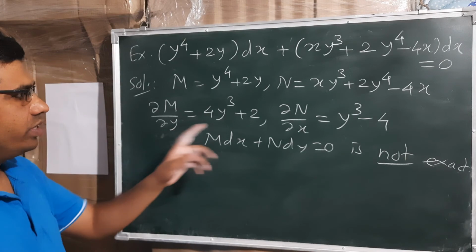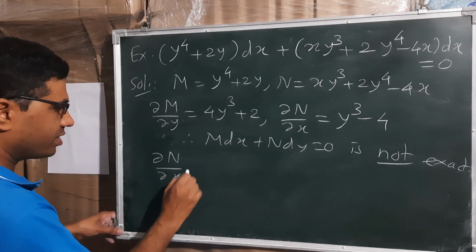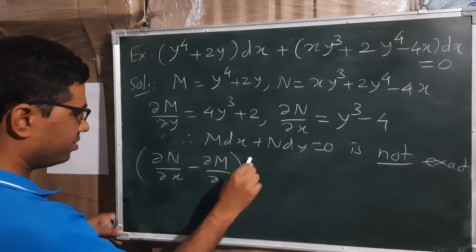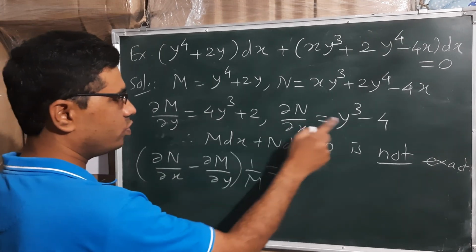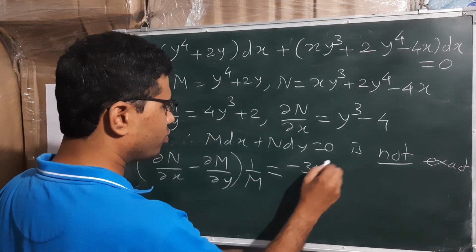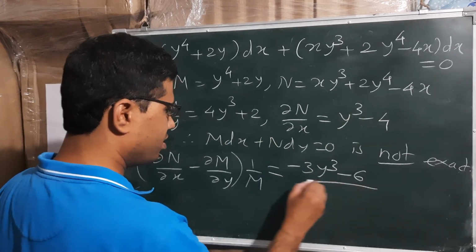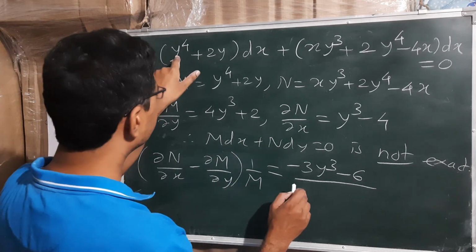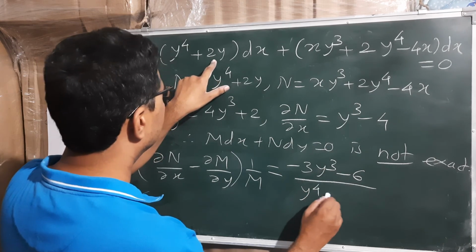Now we check what is del n by del x minus del m by del y divided by m. It is this minus this, so y cube minus 4y cube, it is minus 3y cube, minus 4 minus 2, minus 6, divided by m. M is y raised to 4 plus 2y.